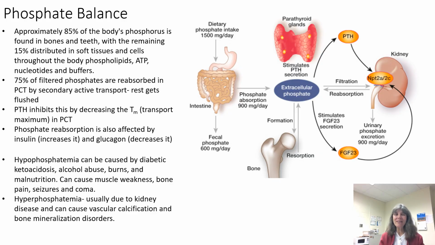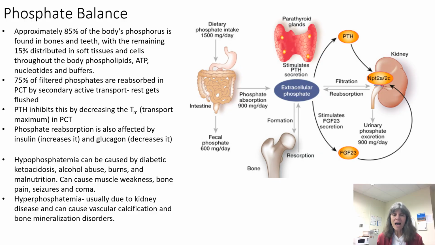So less phosphate is reabsorbed by the proximal convoluted tubule in the presence of parathyroid hormone. Phosphate reabsorption is also affected by insulin, which increases the reabsorption of phosphate, as well as glucagon, which decreases the reabsorption of phosphate back into the bloodstream.